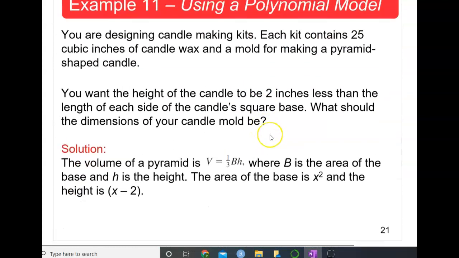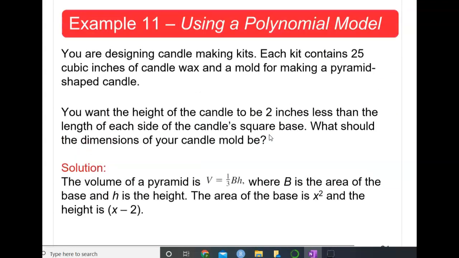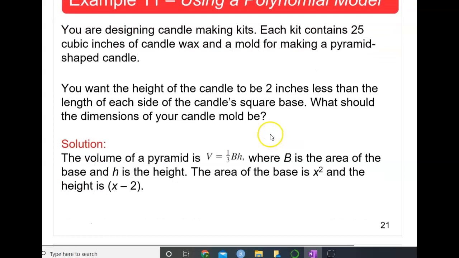Okay, and we have here an example, and it does have the solution actually, so we're just going to go over it quickly. So you're designing candle making kits. Each kit contains 5 cubic inches of candle wax, and a mold for making a pyramid-shaped candle.